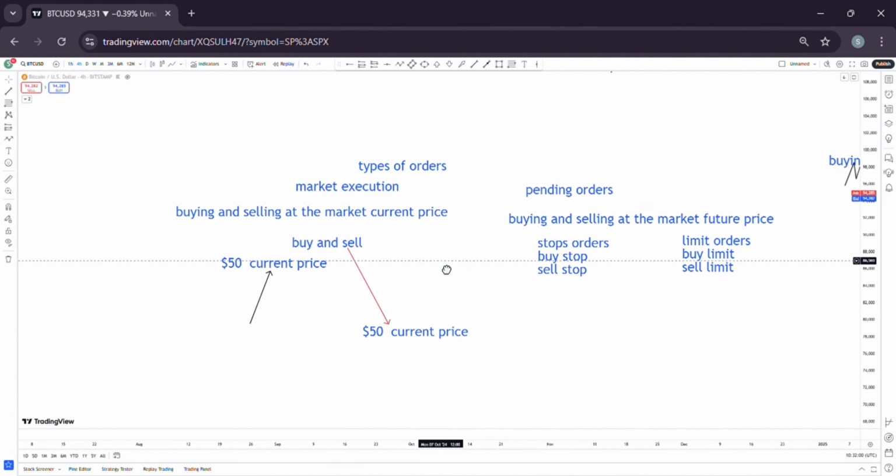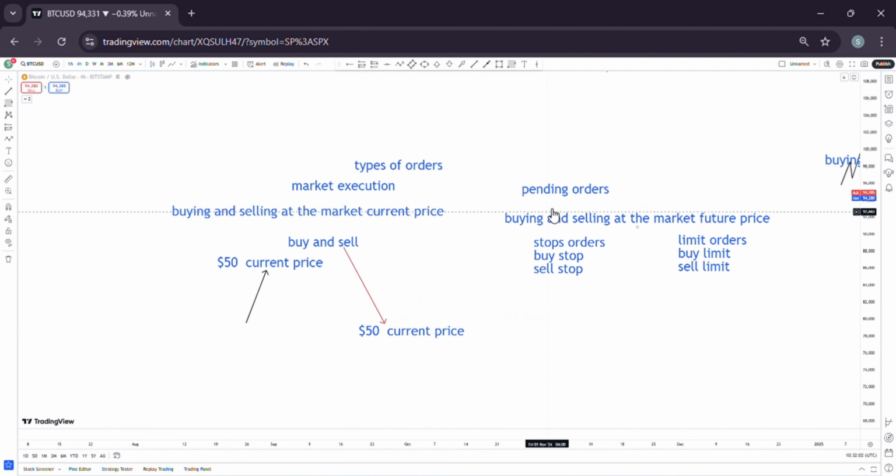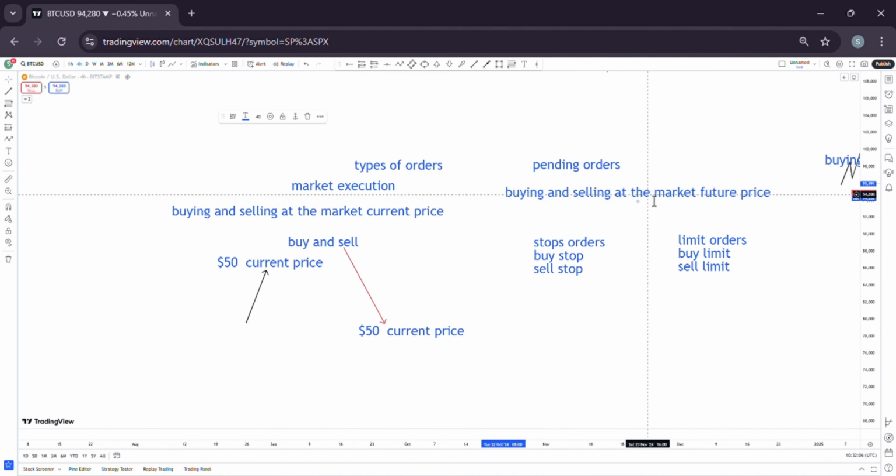While we will have another type of order, which is called the pending order. With the pending order, we are buying and selling at a future price. Inside here we have the stop orders and the limit orders. On pending order, we are not buying at the current price but the future price. Let's say for example the current price is $50.